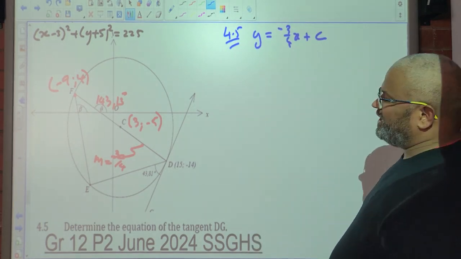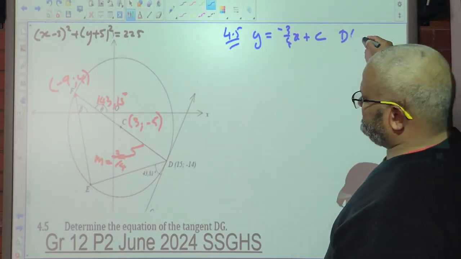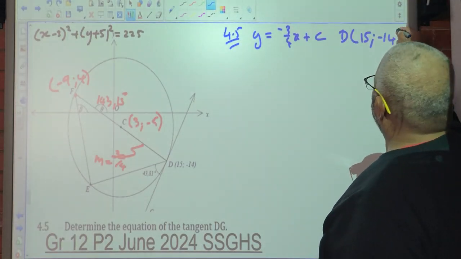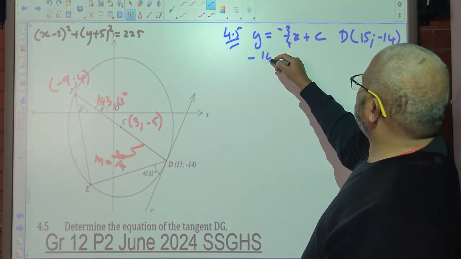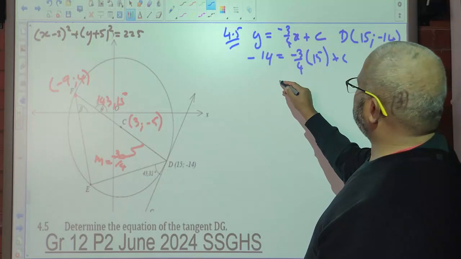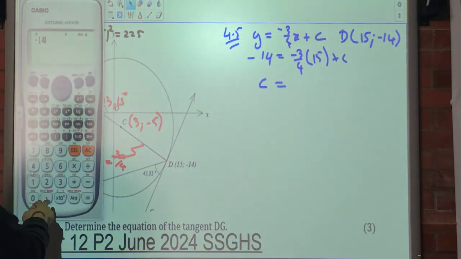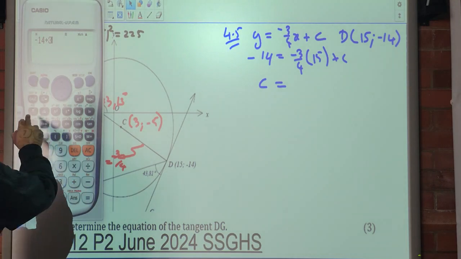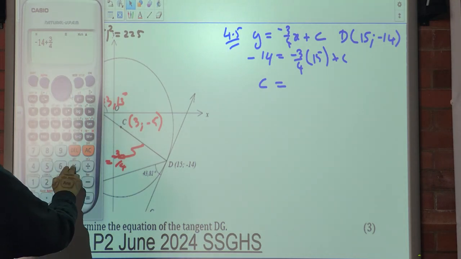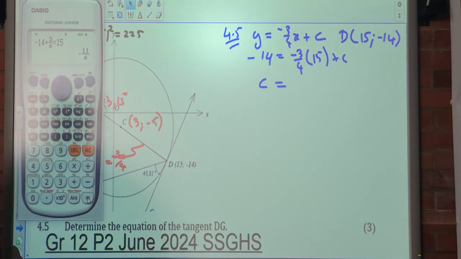I'm going to substitute one of the points that this graph is going through. I'm going to go with D. So negative 14 is equal to negative 3 over 4 times 15 plus c. So c works out to be negative 14 plus 5 over 4 times 15, which is negative 11 over 4.